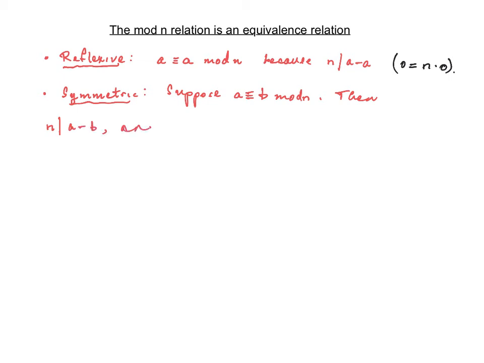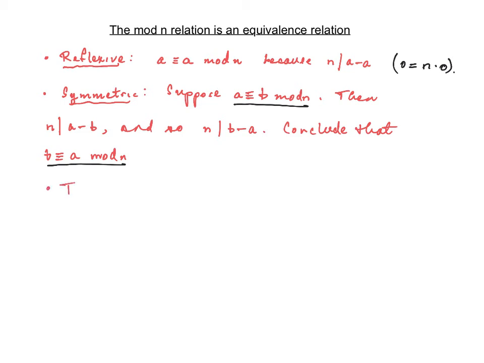And so if n divides evenly into a minus b, it should divide evenly into its negative, namely b minus a. And from there, we can conclude that b is congruent or equivalent to a mod n. Remember, that's what we wanted to show. To show symmetry, you start by supposing a is related to b, and you do some things to show that b is related to a.